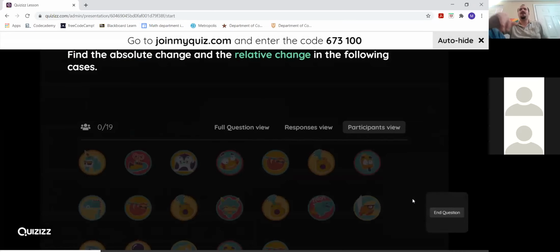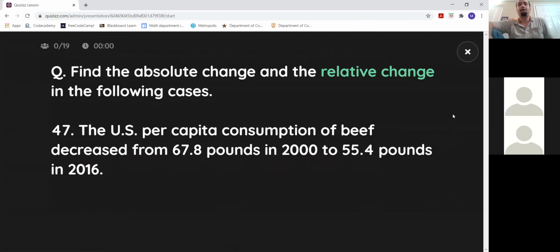All right, so now we want to do relative change, same problem. So if the absolute change is negative, guess what that means about the relative change? I think that might mean it's negative too.